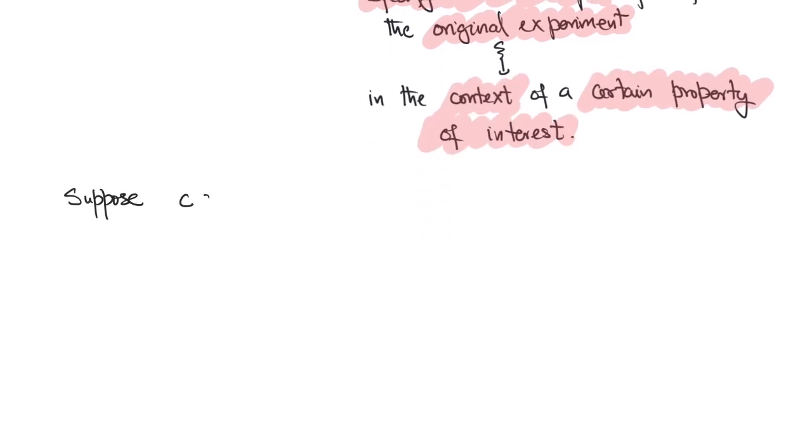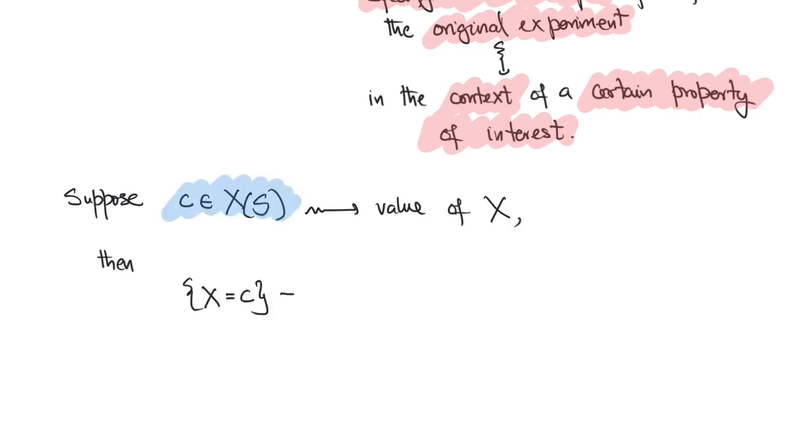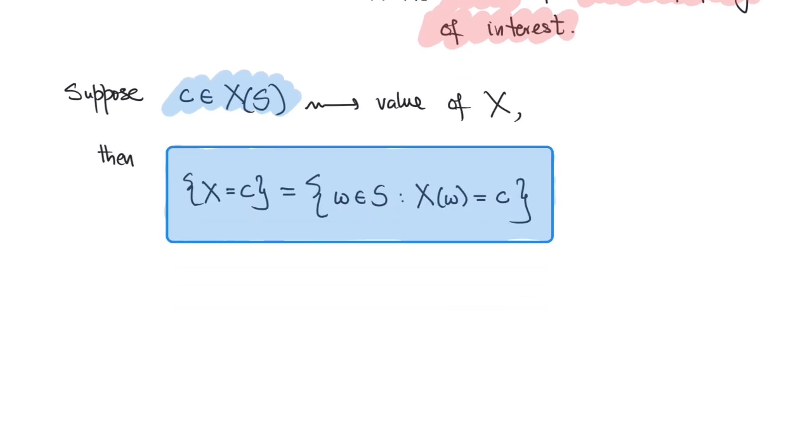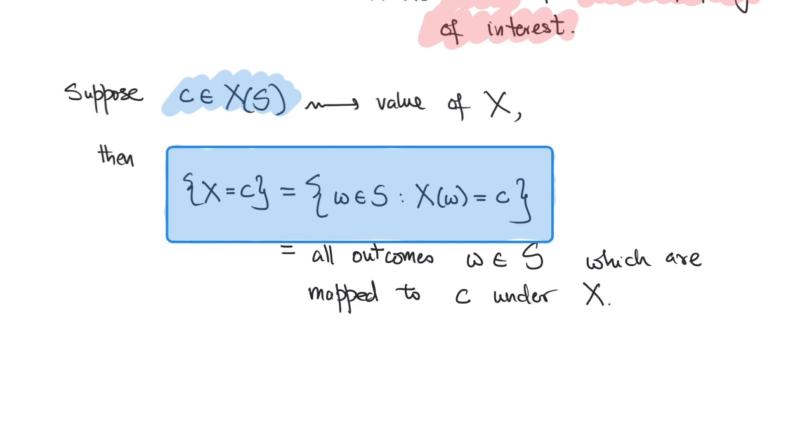Now, suppose C belongs to x of S, that is, it is a value of x. Then we can construct the set x equals C. This is going to be the set of all outcomes in the sample space that are mapped to the point C under the random variable x.